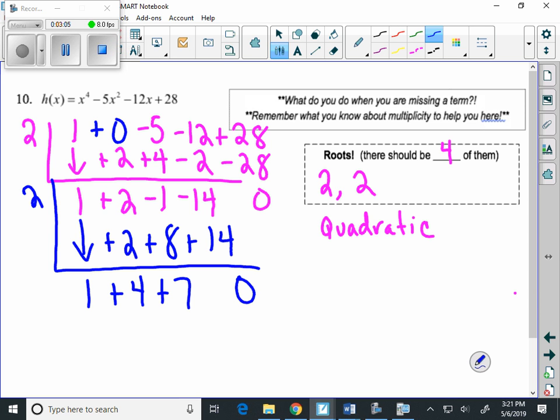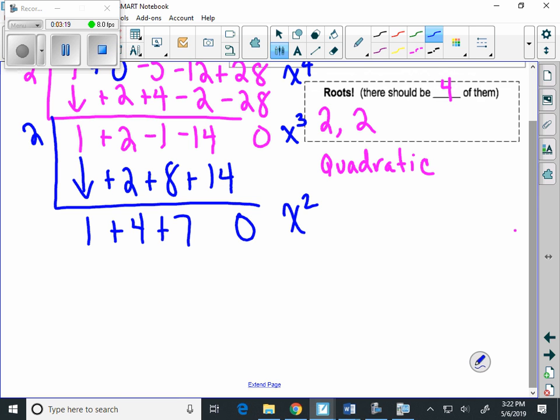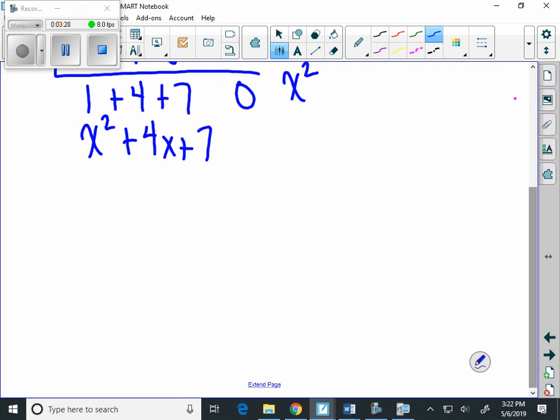And as we go back and look at the problem here, we started with x to the 4th. Then when we divided, we decreased by 1. When we divided again, we decreased the degree down to x squared. And now what we have is x squared plus 4x plus 7. And that means that we can use the quadratic formula.